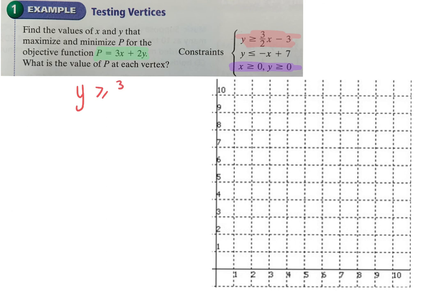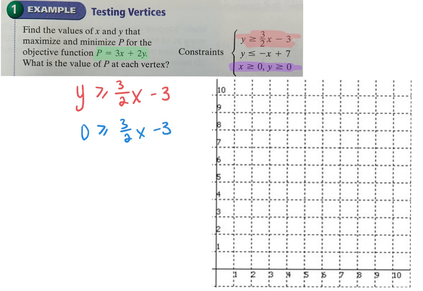We have this right here. All right. My x-intercept. Where is my x-intercept? How do I find my x-intercept? What would I do to find my x-intercept? Yeah, I want y equal to 0. So y equals 0 is going to be my x-intercept.